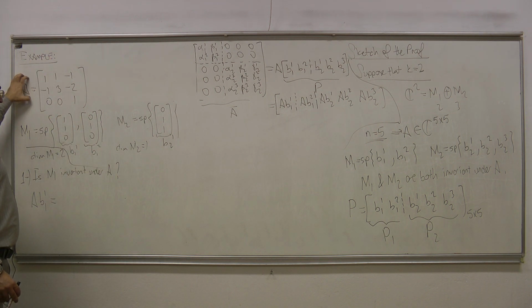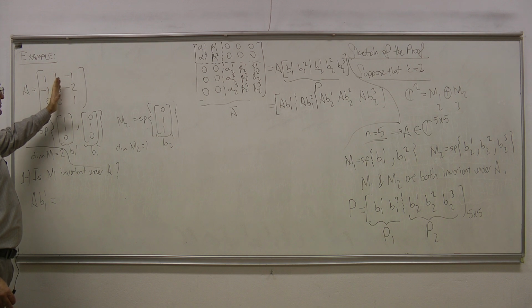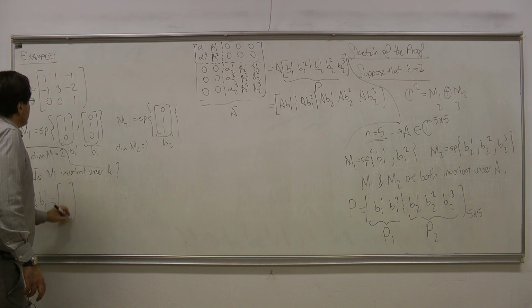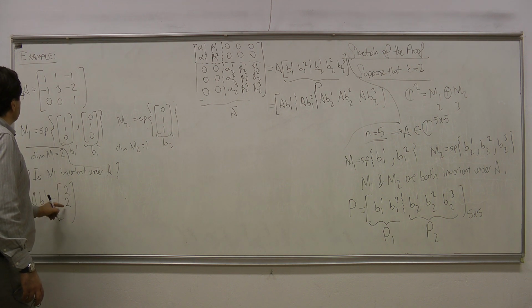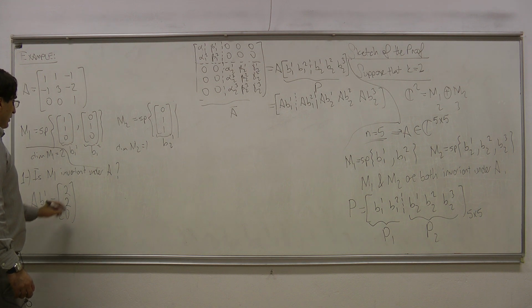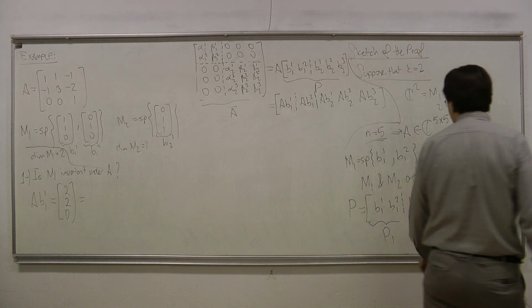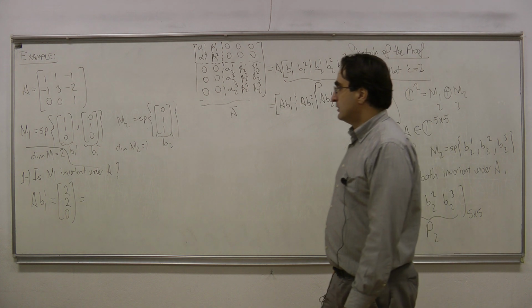So multiplying A with the vector (1, 1, 0) means that you need to sum the first two columns and forget about the third one. Okay? So I'm summing the first two columns. It's going to give me (2, 2, 0). Okay? Do you think this vector, A times B11, is still inside M1 or not?